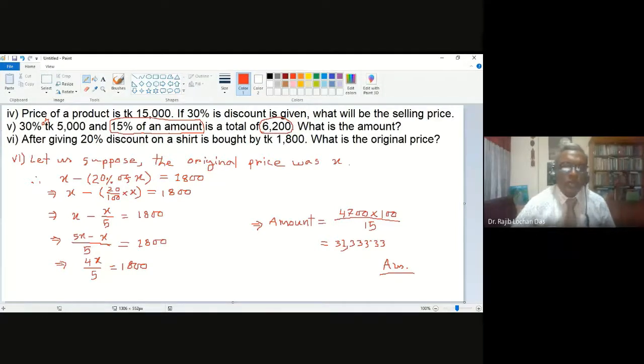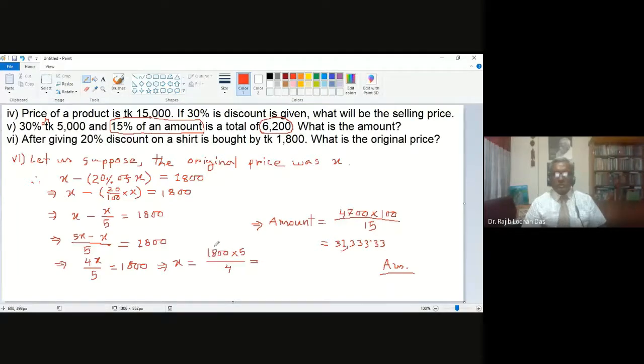In the next line, you can write x equal to 1800 into 5, because 5 was in the lower side, it is coming up, and divided by 4, because 4 was in the upper side, it will come down. So you can now calculate this.